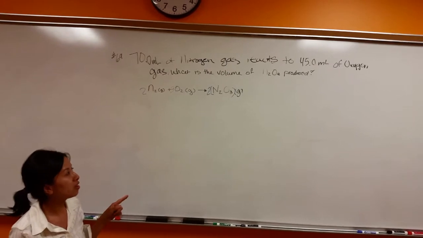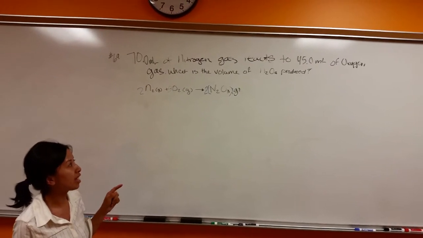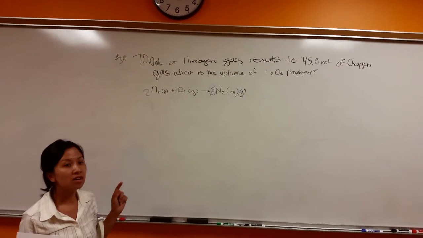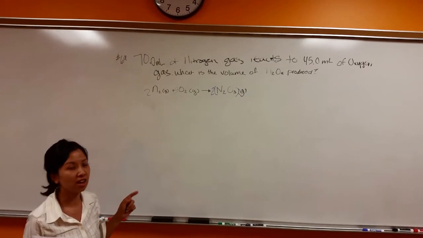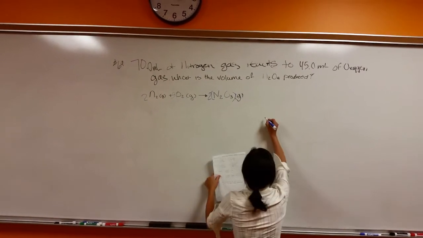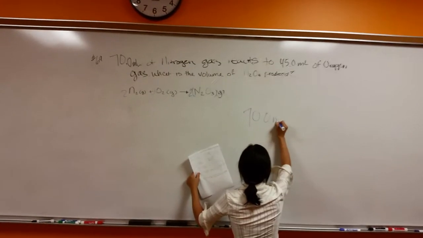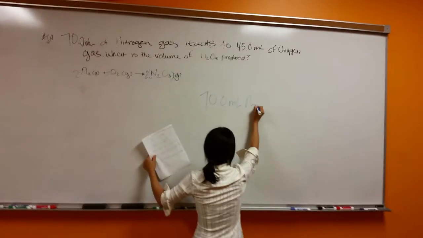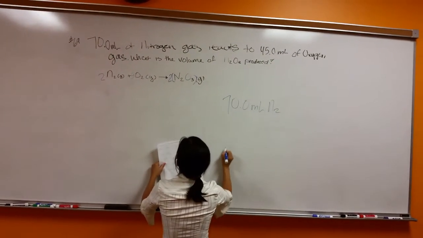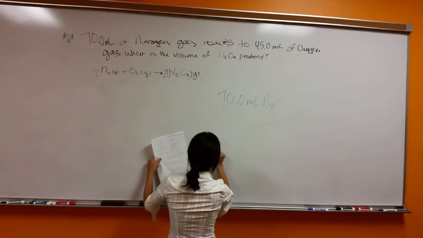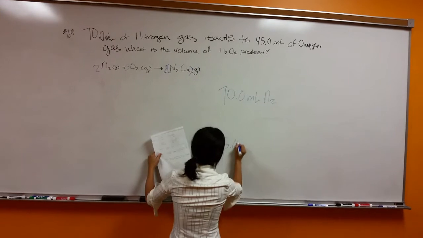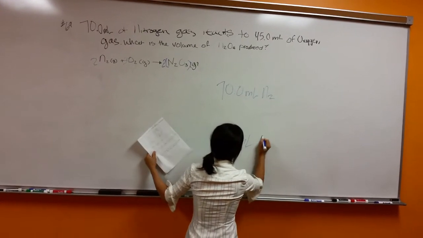What we're trying to go to is the limiting reactant to dinitrogen trioxide. So the first part is 70 milliliters of nitrogen, and the second part is 45 milliliters of oxygen.